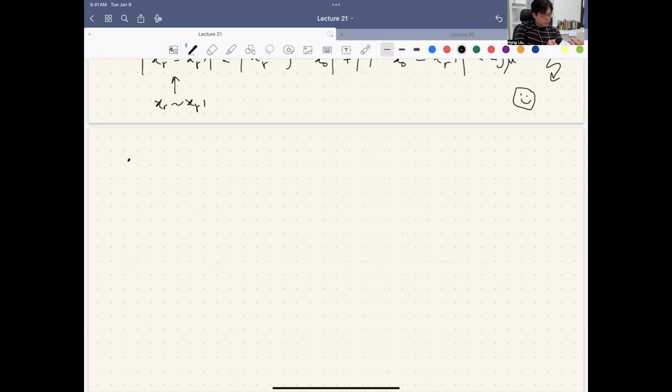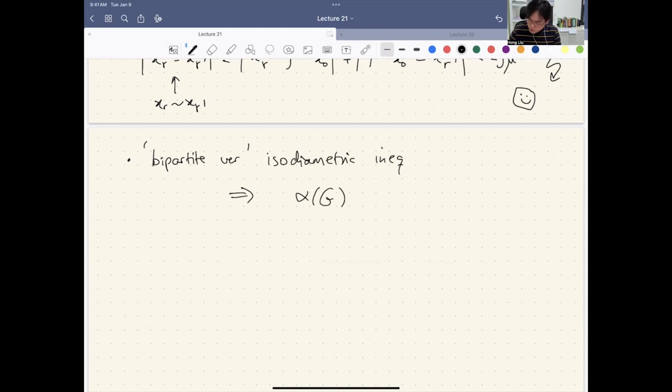Okay, for now, let me just say we use some sort of isodiametric inequality. Do we need concentration? Okay, let me write it like this. We will use some bipartite version of the isodiametric inequality to show that alpha of G, the P generalized independence number, is sublinear.